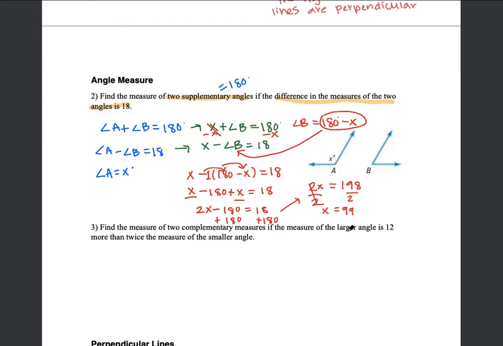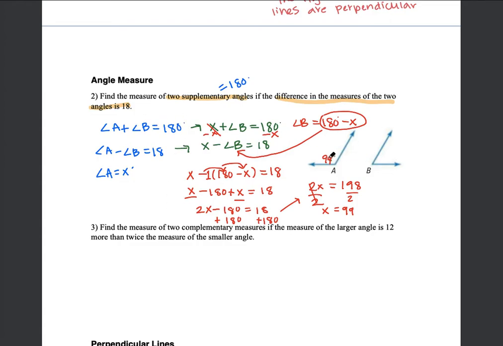So this x is equal to 99. Remember, these two angles are supplementary, meaning that one plus the other is equal to 180.